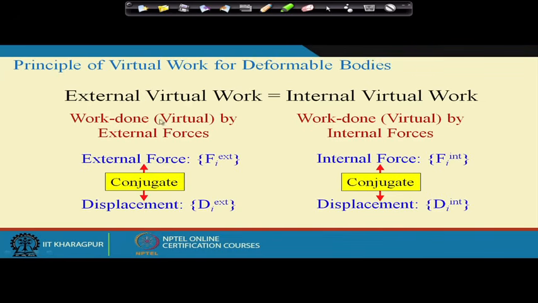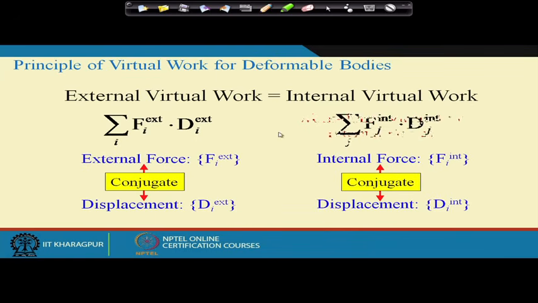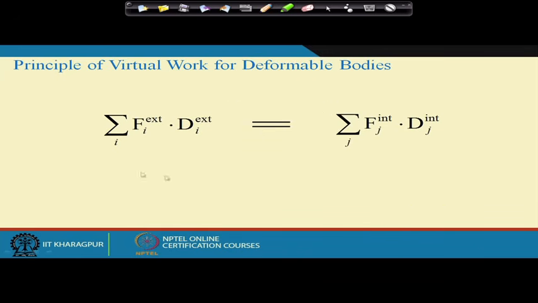The work done by the external forces is the external force into external displacement, and the internal virtual work will be the internal forces into internal displacement. So they are equal. This is the principle of virtual work for deformable bodies.